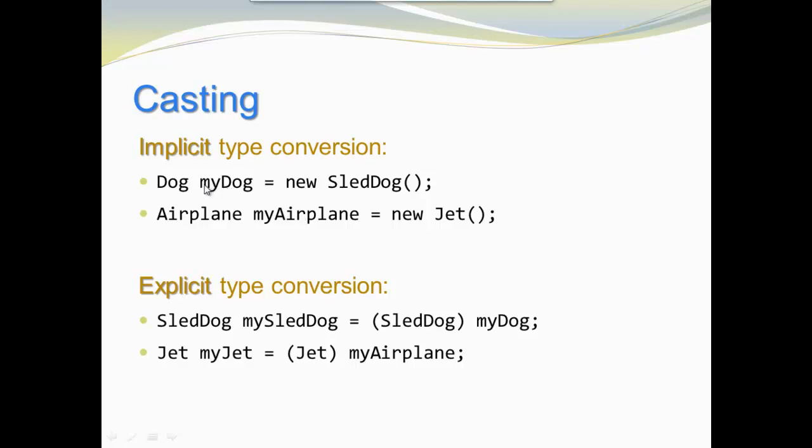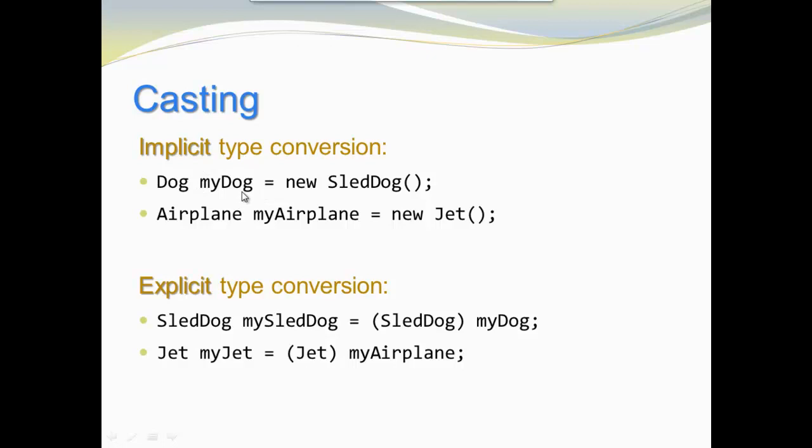If I use the variable myDog, I can only access the members from Dog. I cannot access the operation pullSled. That is true even though myDog is instantiated with an actual SledDog. As long as my variable is of type Dog, the SledDog functionality is not available.